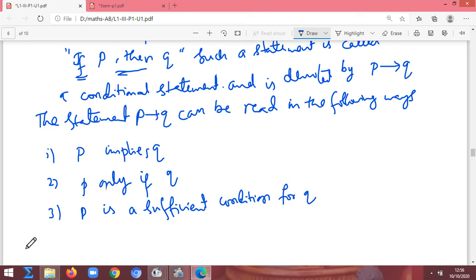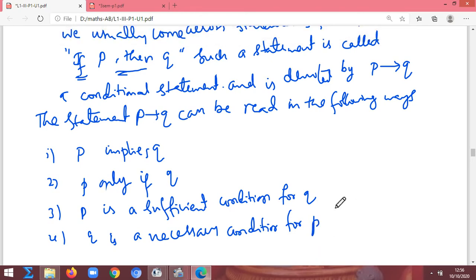Or we can also say that q is a necessary condition for p. Carefully observe 3 and 4. They are inverse to each other: if p is a sufficient condition for q, then q is a necessary condition for p.